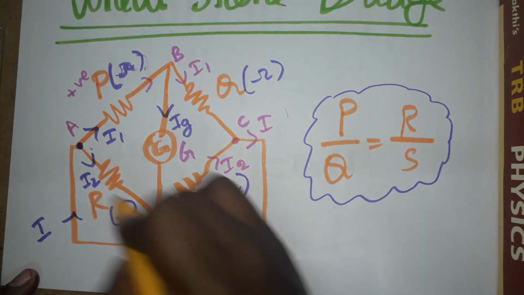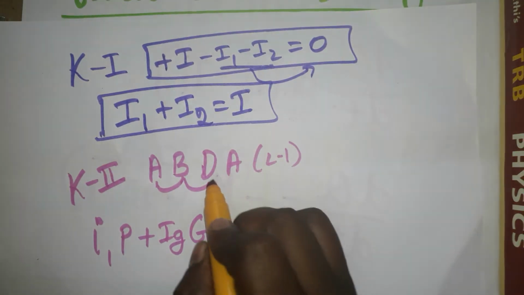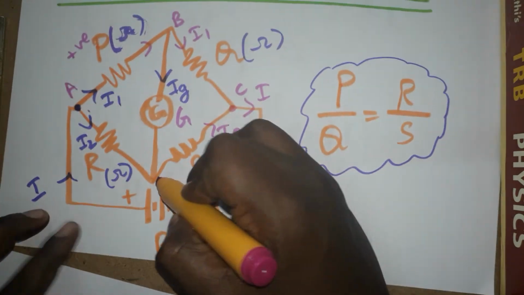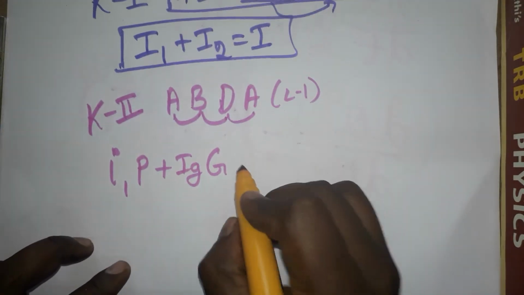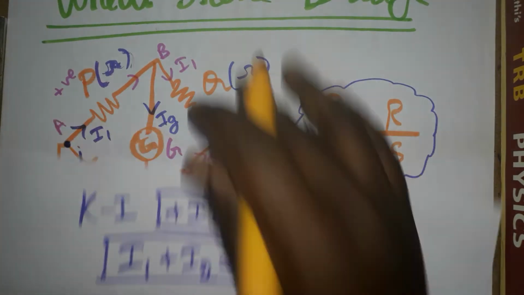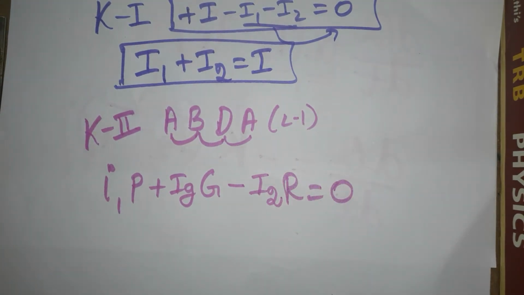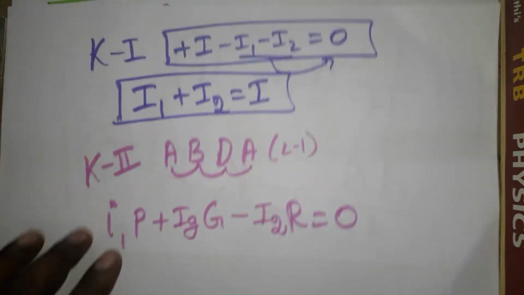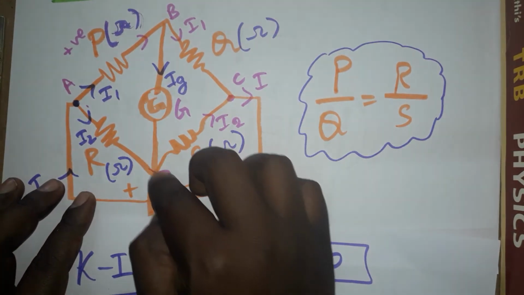Now D to A: the loop is going this side, but the I2 current is coming the opposite side, so we take it as minus I2 times the R resistance, equal to 0. I'll repeat. The loop direction is AB, BD, DA.